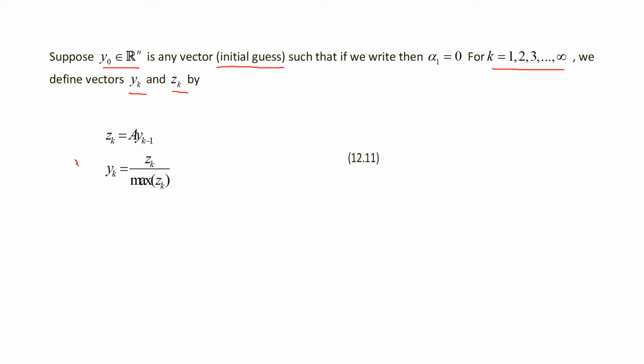And yk is obtained by dividing the calculated vector zk by the maximum entry of zk, the entry which is maximum in the vector zk.